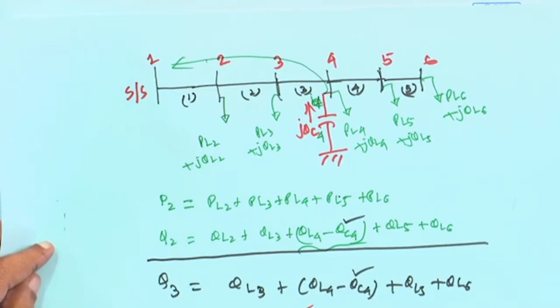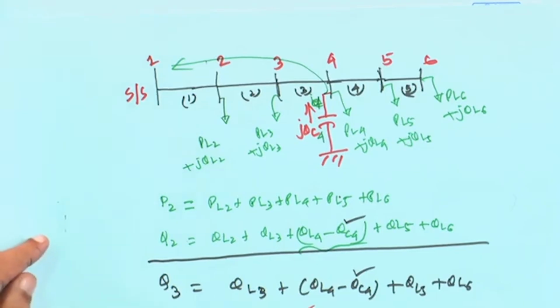We have seen the power loss of a branch is R times P squared plus Q squared upon V2 squared. So, though the purpose of a series capacitor is to increase the voltage magnitude, because of that improvement, to some extent power loss also will reduce.